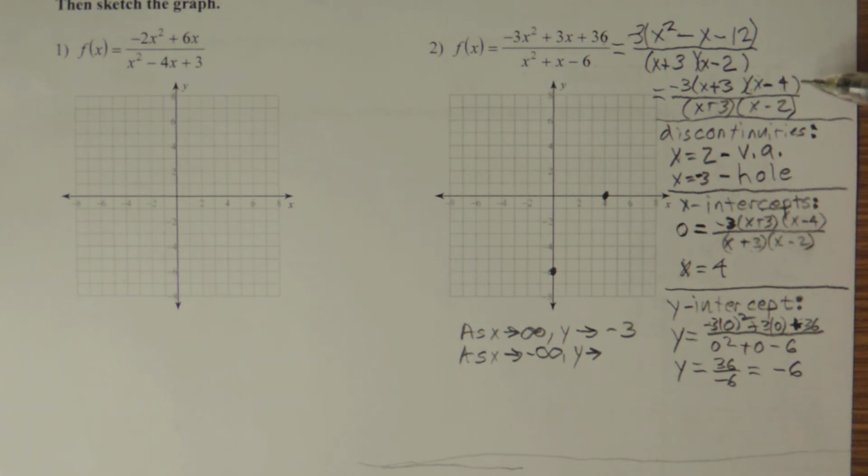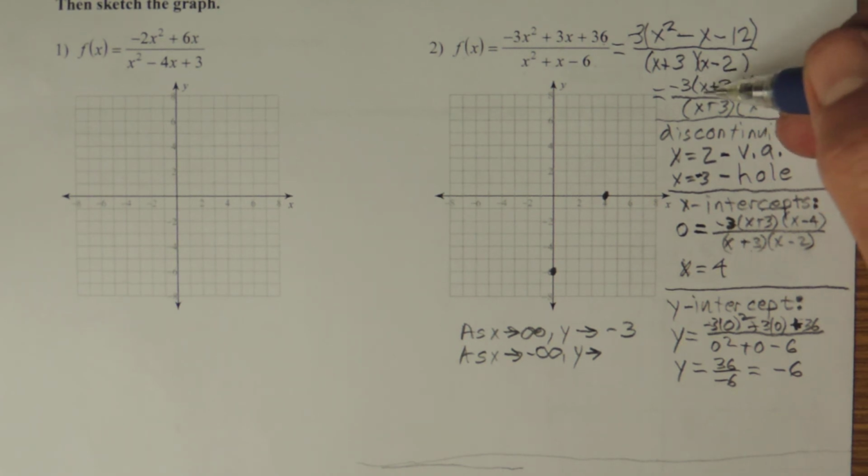Negative 1,000,000 minus 4 is going to be negative 1,000,004. Negative 1,000,000 minus negative 2 is going to be negative 1,000,002. When I divide those two numbers, they're going to be very close to each other. I'm going to get a number that's very close to 1. I will have a negative number divided by a negative number, so it's going to approach positive 1. Positive 1 times negative 3 is negative 3.